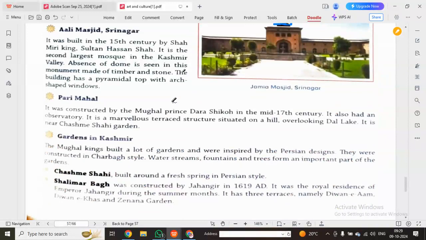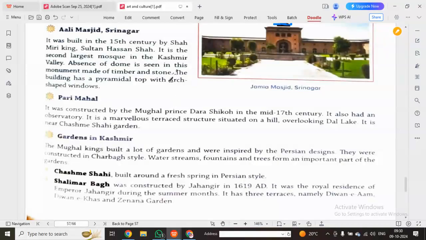Gardens of Kashmir. So the Mughal kings built a lot of gardens and were also inspired by Persian designs. They were constructed in Charbagh style, with water streams, mountains and trees. So they form an important part of the gardens. Now let us write the gardens' names.